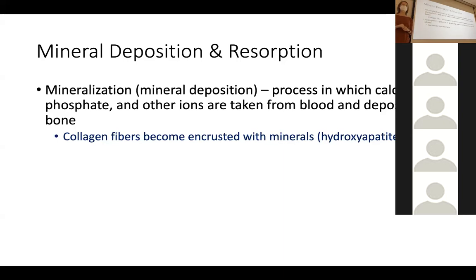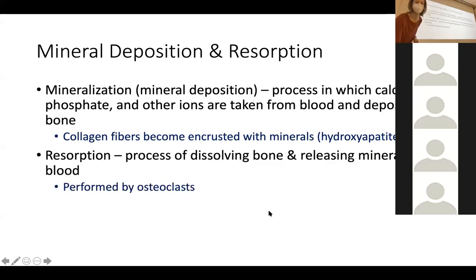So resorption is pretty much all due to the activity of osteoclasts. Oh, sorry guys on Zoom, I didn't move forward there. So mineralization and resorption, it's this constant back and forth between these minerals moving from the blood into the bone and then the bone back into the blood.